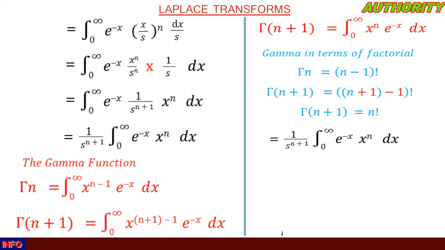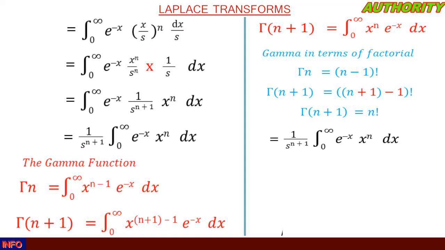Right? Good. And then we say, what is the value of the gamma function of n plus 1? It is the integral from 0 to infinity of x raised to the power of n multiplied by e raised to the power of minus x dx. And in terms of factorial, that is the same as n factorial.